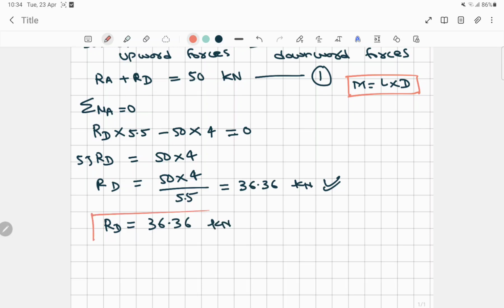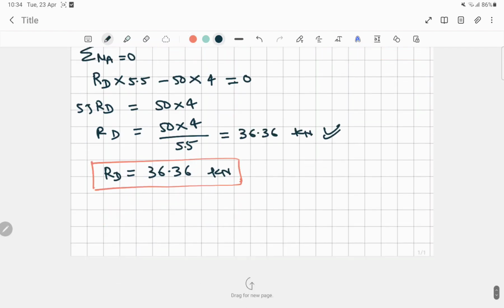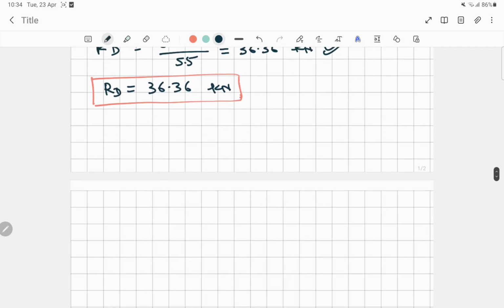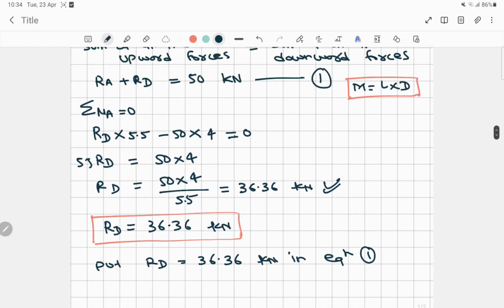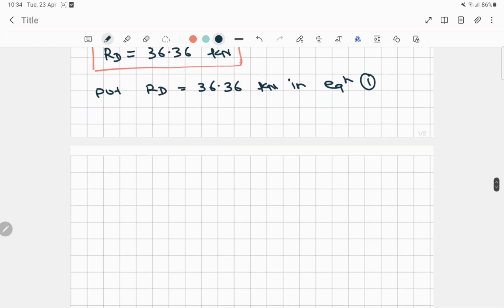Now we have to put this value in equation 1. So I'll write it down here: put RD equal to 36.36 kilonewton in equation 1. This was equation 1, that is RA plus RD is equal to 50 kilonewton.